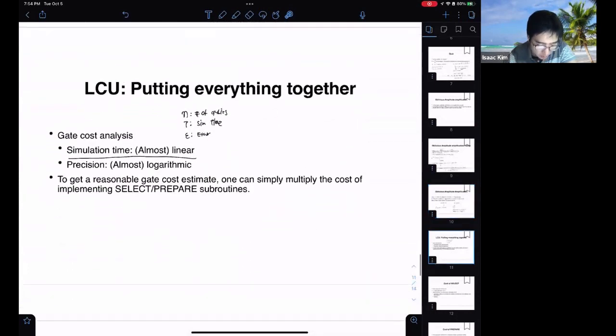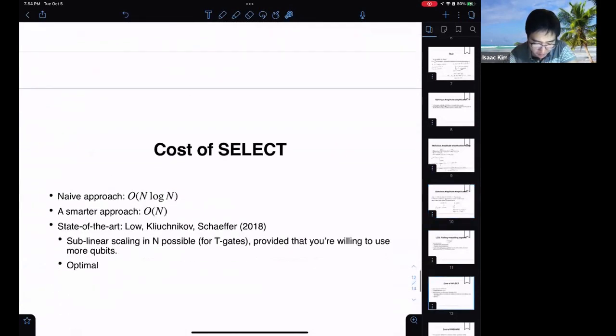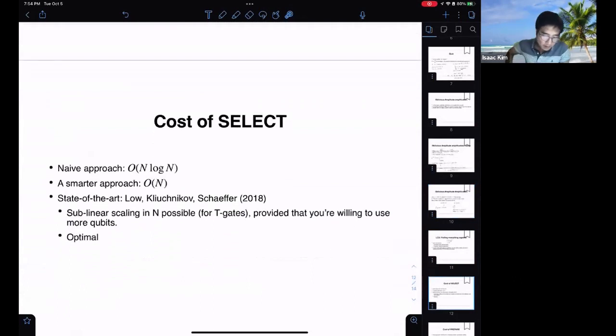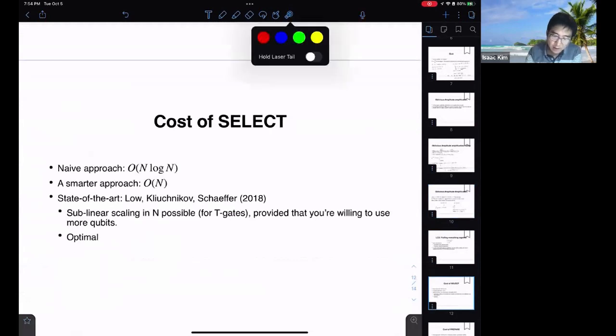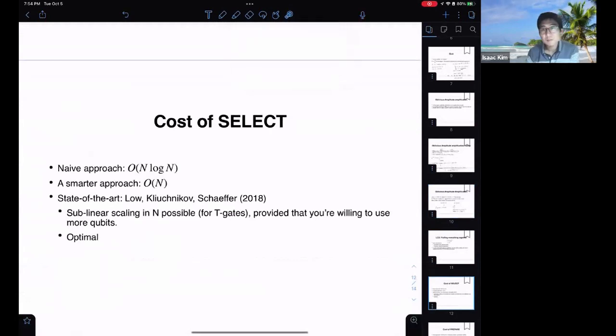So I've already told you very briefly about the cost of the select. As I said, the naive approach that I've shown you scales as n log n. You have n because you could break down this entire circuit into n different stages, and there's log n because if you account for all the costs for a single stage, that cost ends up being roughly log n. That's where this cost is coming from.